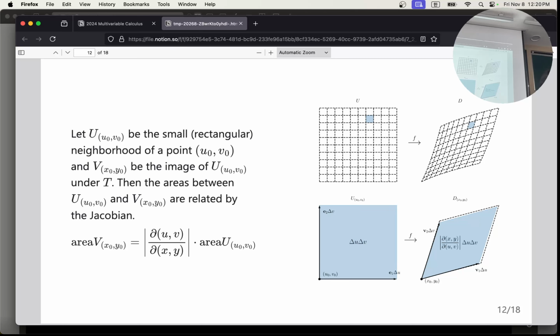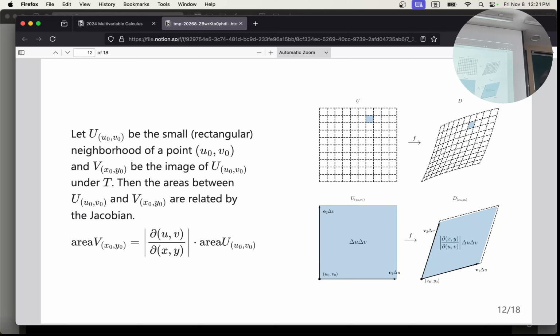In the two-dimensional or three-dimensional case, it's the ratio between two small volumes that correspond to each other by the one-to-one mapping of the transformation. Then it is used in integration by substitution to make up for the change of the domain.